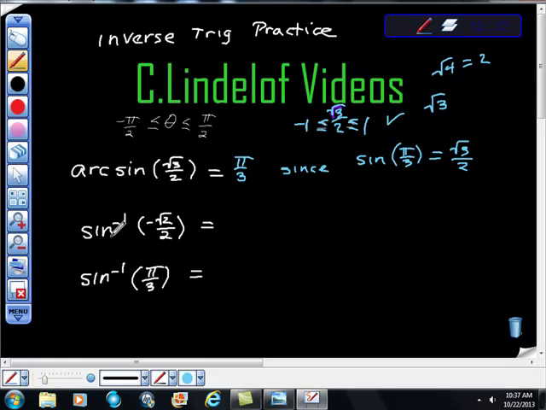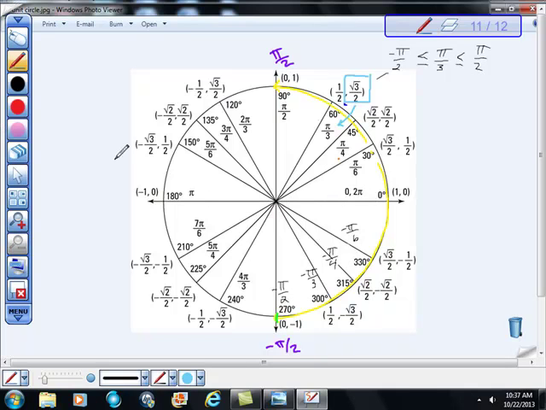So let's try this one the same way. I'm going to take this value, negative square root 2 over 2, and put it in here. Does it fit here? It does. How do I know that? Because square root of 1 is 1, so this number here is greater than 1, isn't it? So that works. And now back to the unit circle, and we're looking for opposite square root 2 over 2. We're only looking in this yellow area.